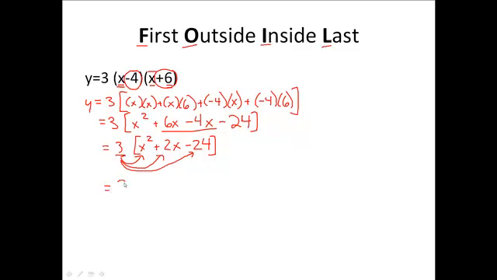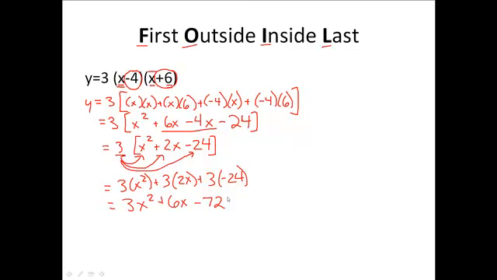So we're going to have 3 times x squared plus 3 times 2x plus 3 times negative 24, which gives us 3x squared plus 6x minus, oh boy, what does that give us? 72? And there we've put it in standard form.